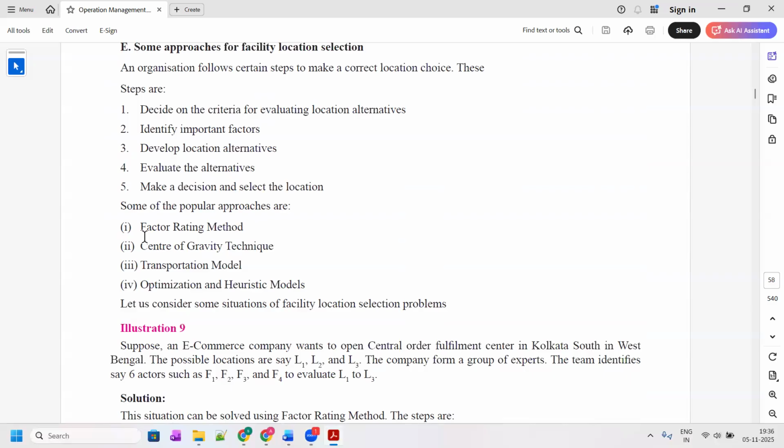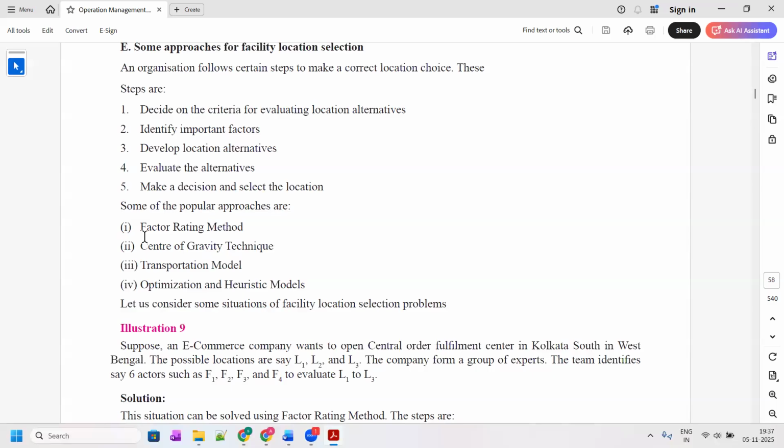Through it we can score mathematically and figure out how convincing a location is for setting up the plant.